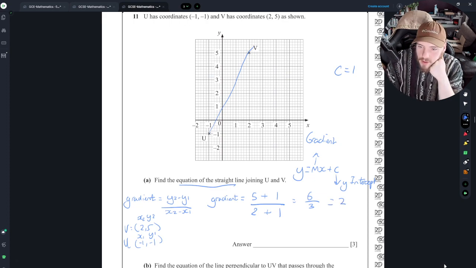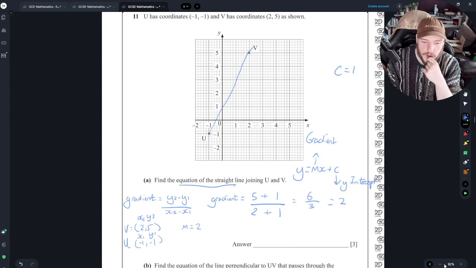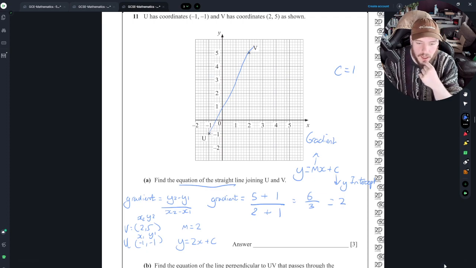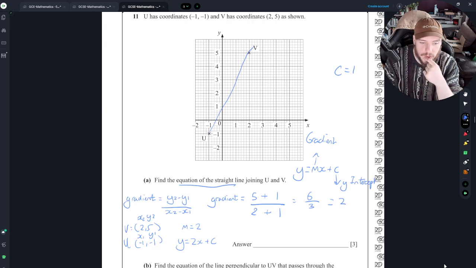So again, gradient m is equal to 2. Now that we have m equal to 2, we can write y is equal to 2x plus c. And if we don't have a visual indicator or a graph that's plotted, what we can do is put our coordinates into our equation to find out what c is equal to.